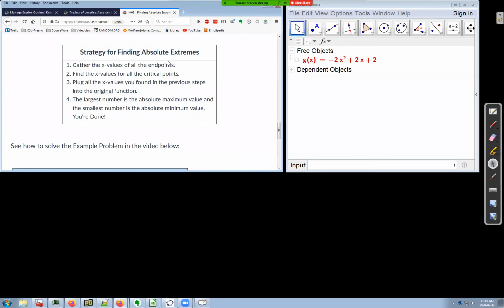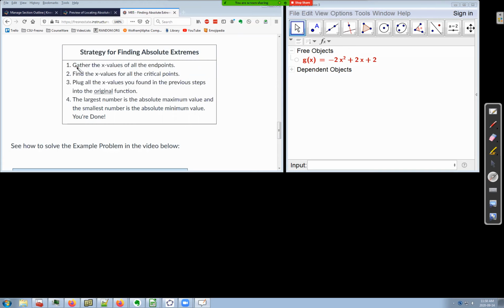So the strategy we're going to use is the following. The absolute minimum and the absolute maximum of a continuous function on a closed domain has to occur at either an endpoint or a critical point.